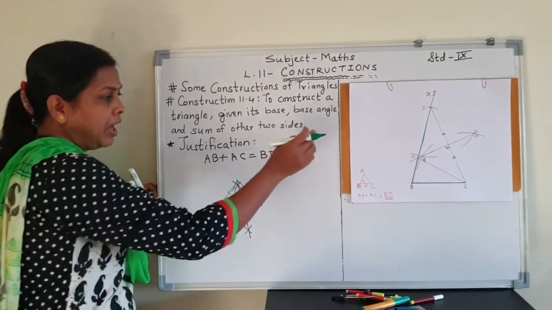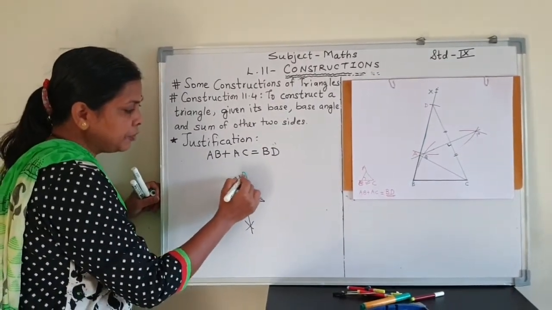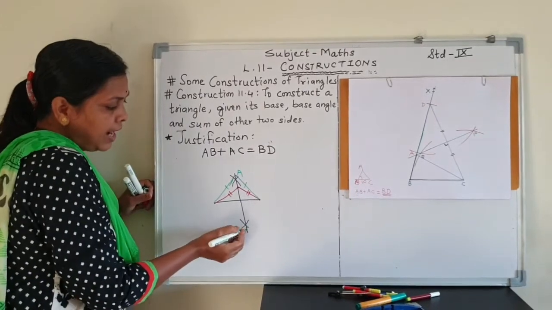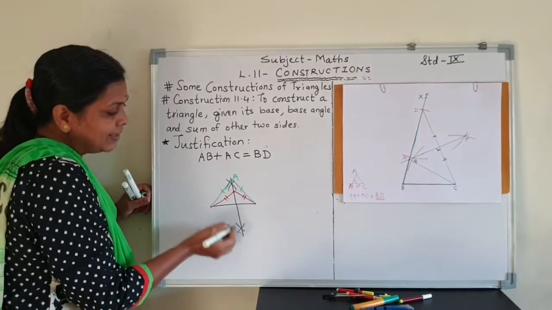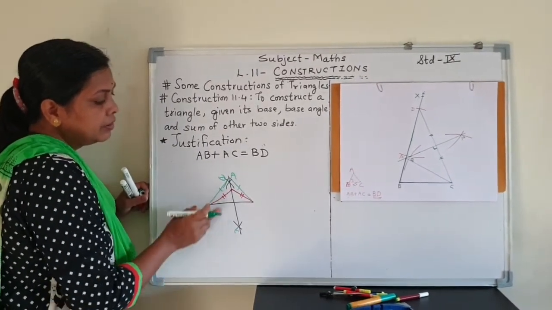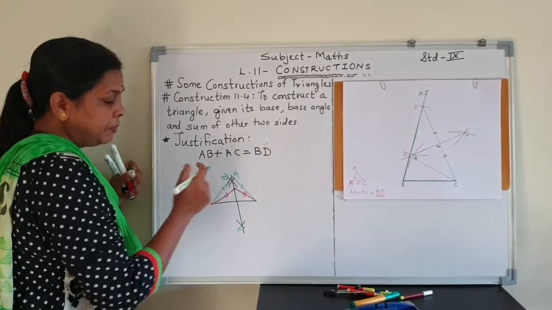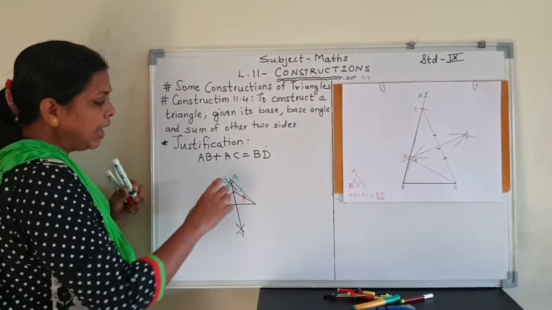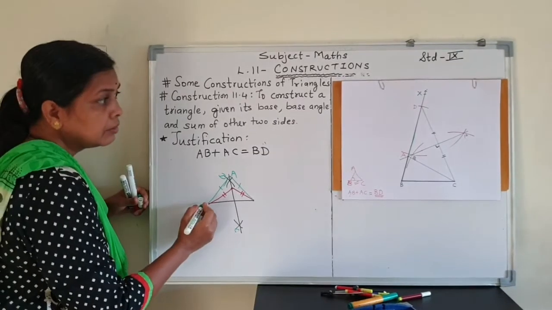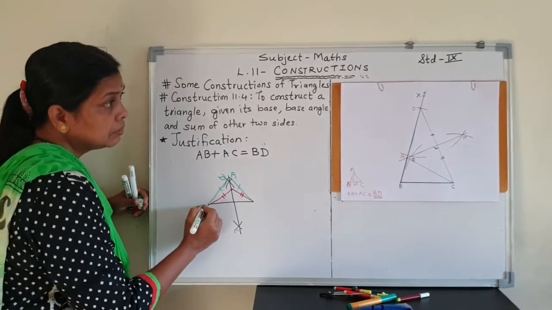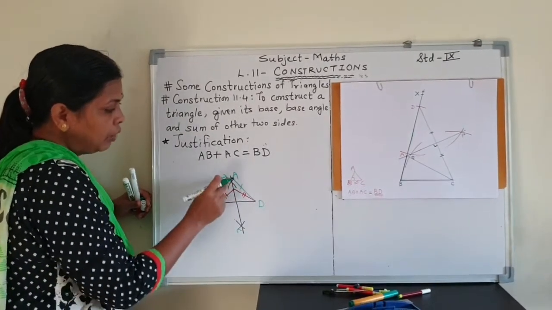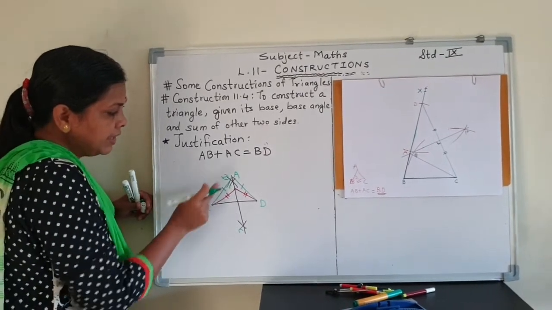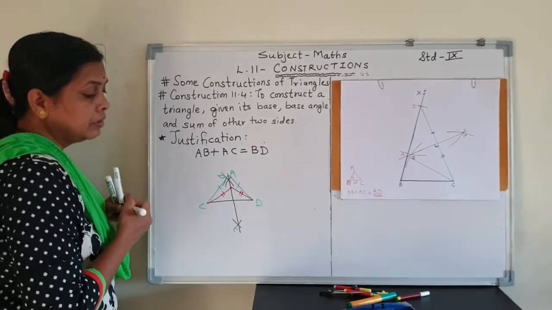It means our point A is on the perpendicular bisector of CD, so we will prove that AC is equal to AD.